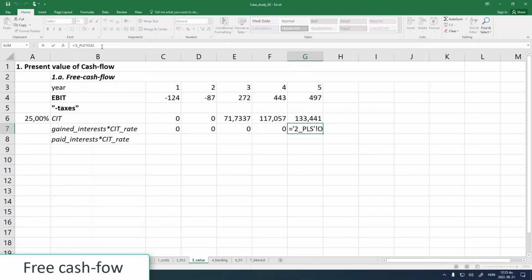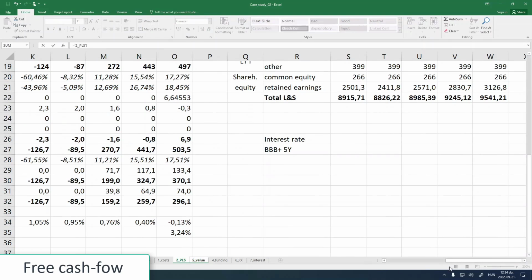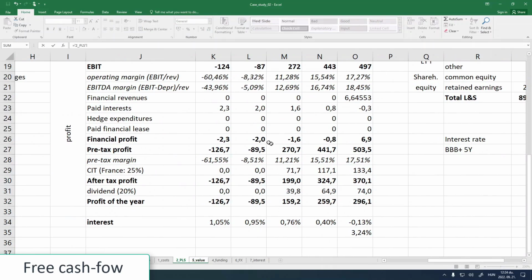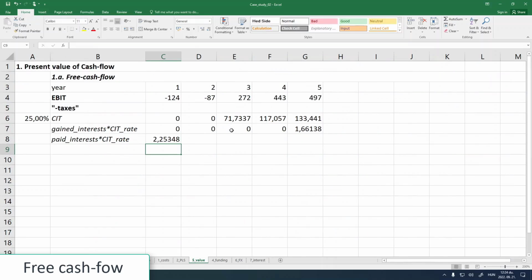And still we have to multiply it with the CIT number. And also we have to add the paid interest. In this case we don't need any kind of modifications because we just take the paid interest. And we have to multiply it also with this number, and let's use a dollar mark because in this case it will be fixed.